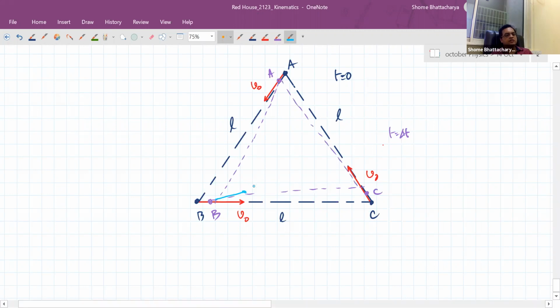Now B's velocity is in this direction, C's velocity is in this direction, and A's velocity is switched to this direction because they're always chasing each other. So after some time now, B has reached here, now C has reached here. Okay, so now the triangle formed by the three of them becomes even smaller. So this process goes on like this.